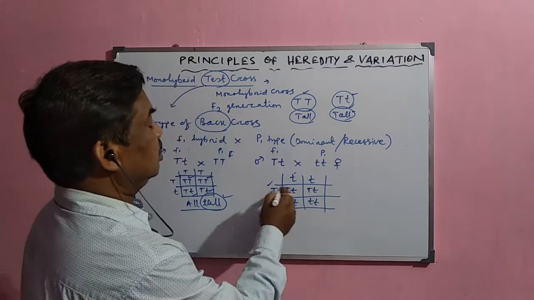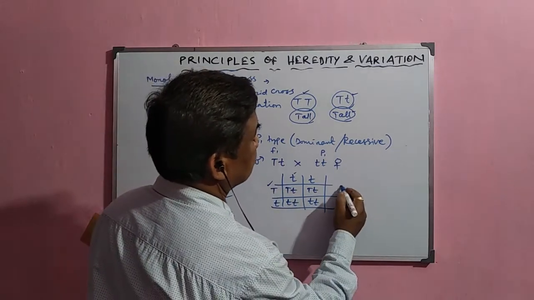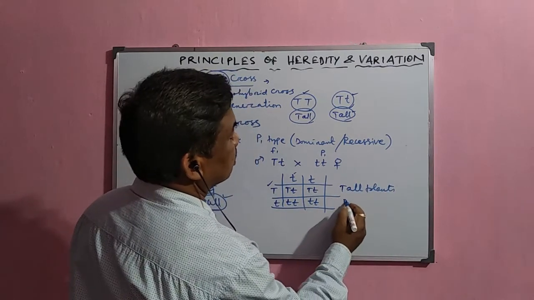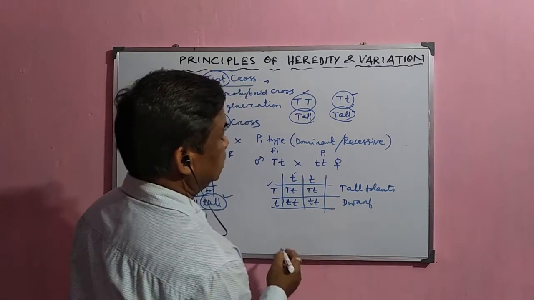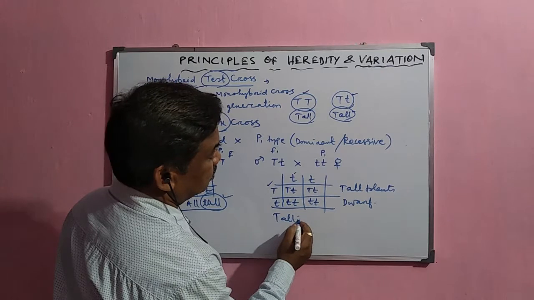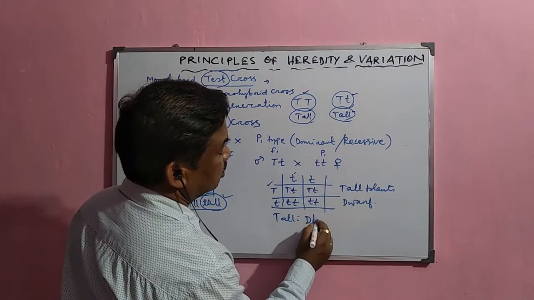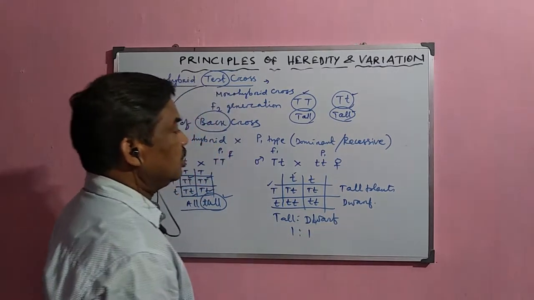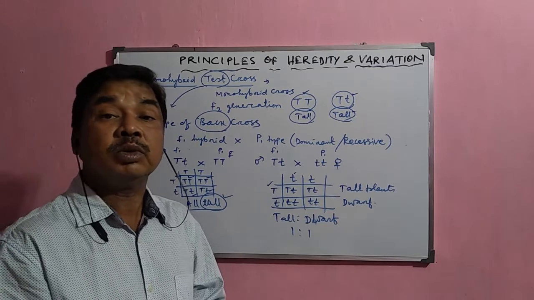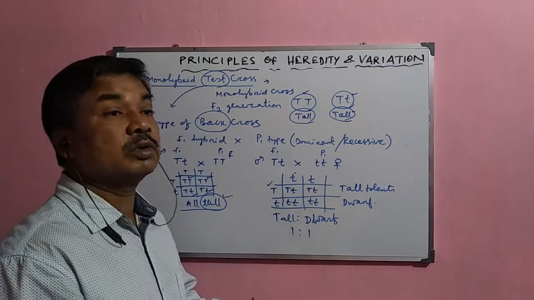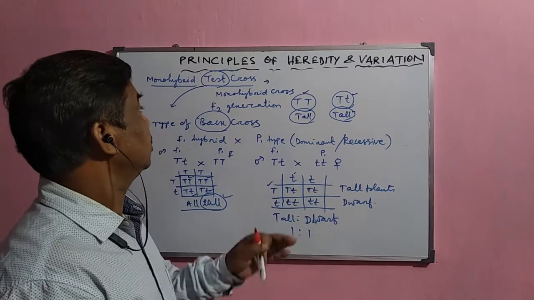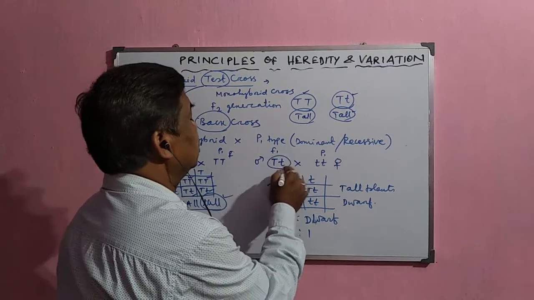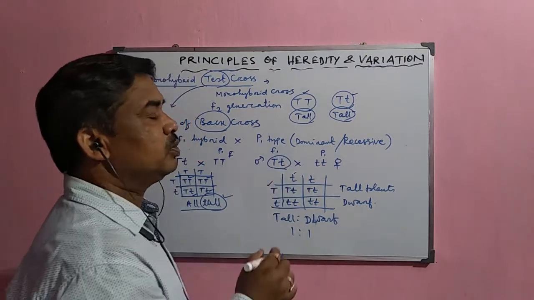So in the first row, they are all tall plants. And in the second row, these are dwarf plants. That means here tall to dwarf is equal to 1:1. This ratio is one of the important ratios by which Mendel identified the genotype of the dominant phenotype of the F1 hybrid.